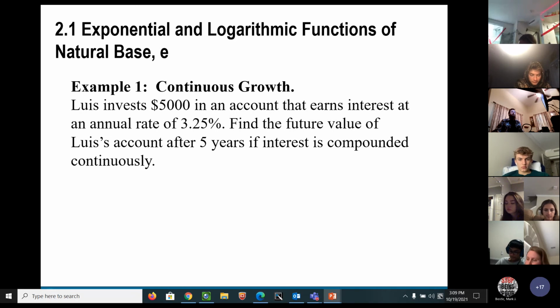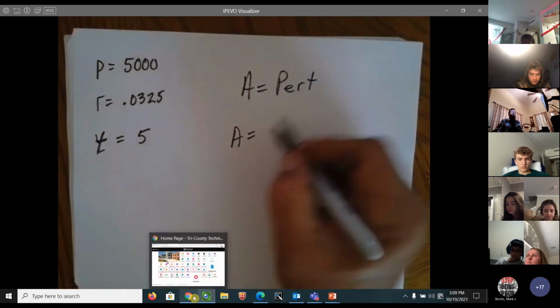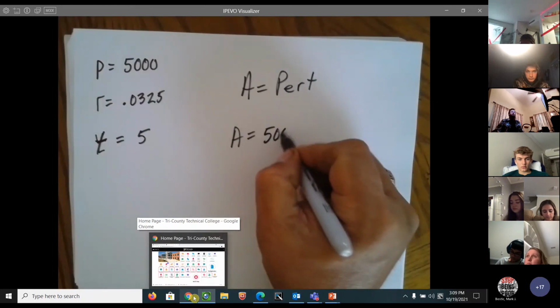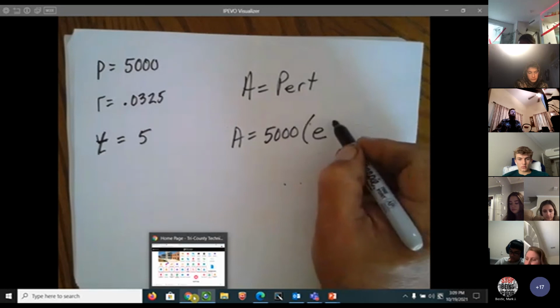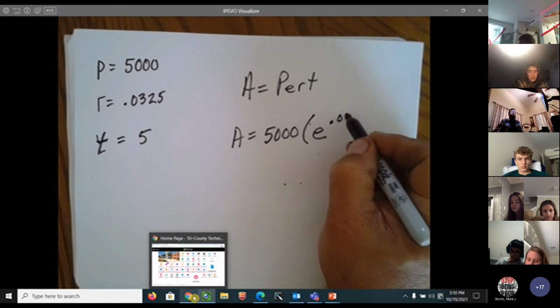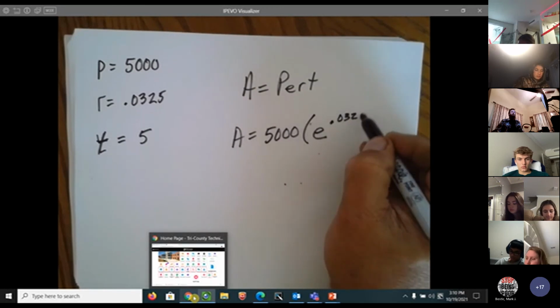So A is equal to Pe to the rt. A is equal to 5,000 times e to the rt, which is 0.0325 times 5.